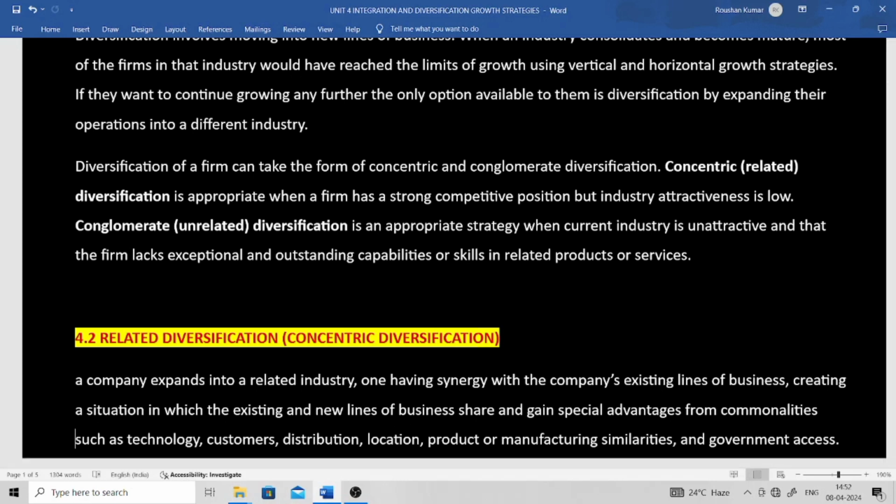Diversification of a firm, you see here on the screen. Here I'm talking about diversification.